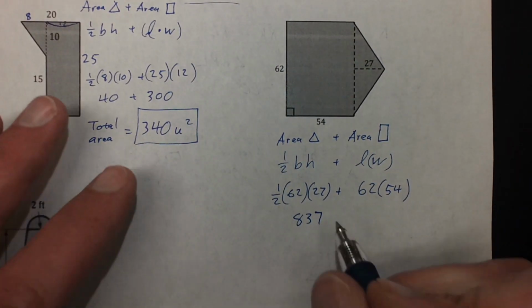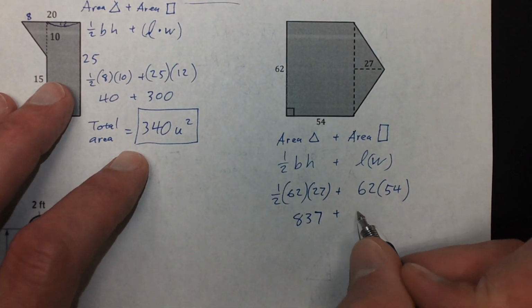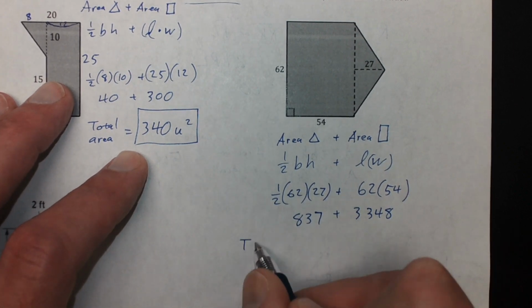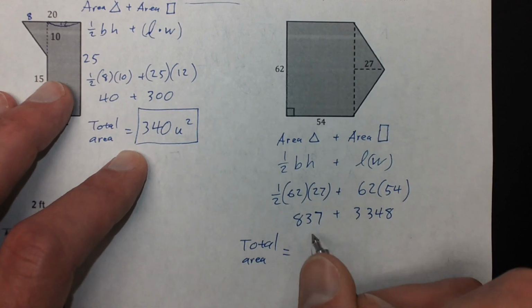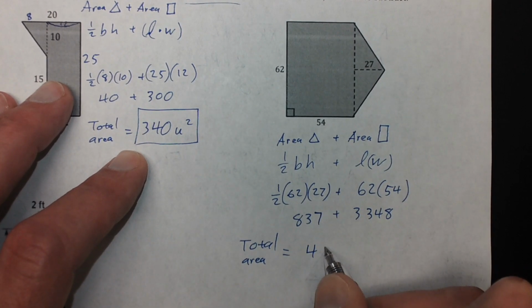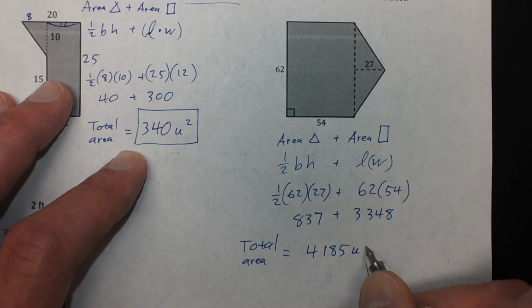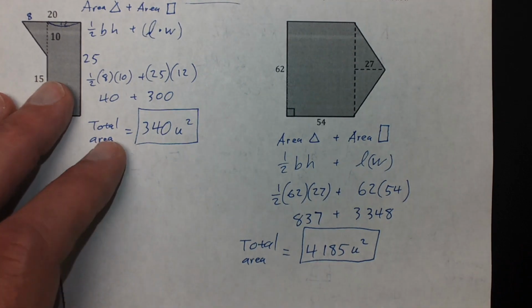And for the other one, I get 62 times 54. That's 3348. So our total area is equal to the sum of those two, which comes out to be 4185. And again, no units were provided, so we're just going to say a generic square units.